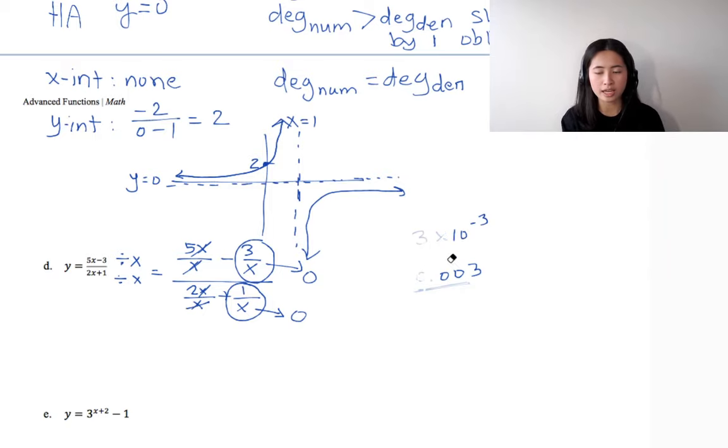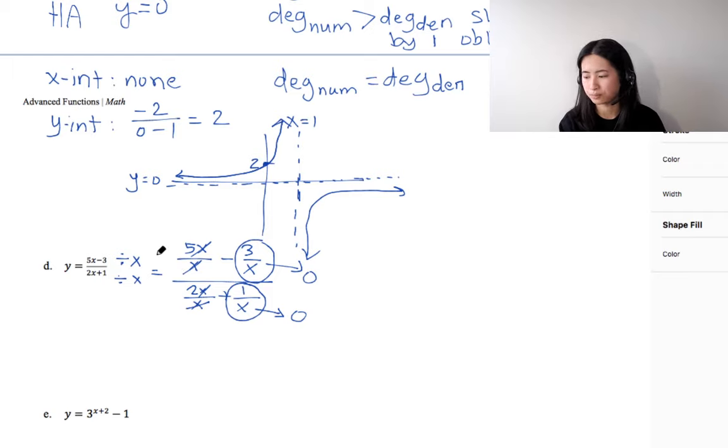So that's why when you have the degree of your numerator similar to the degree of your denominator, your function would have a horizontal asymptote, and the ratio is based on your a and your c. Does that make sense? So that's your horizontal asymptote.